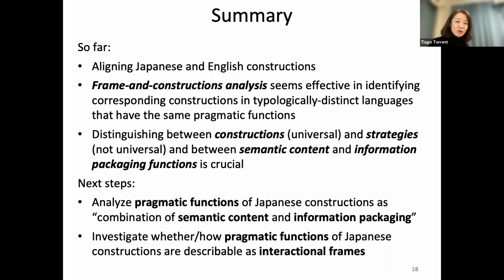And I'm trying to define those pragmatic functions either as a hybrid between semantic content and information packaging functions, or as examples of interactional frames. So the next steps will be to analyze those pragmatic functions as a combination of semantic content and information packaging, and also to relate those pragmatic functions to interactional frames.